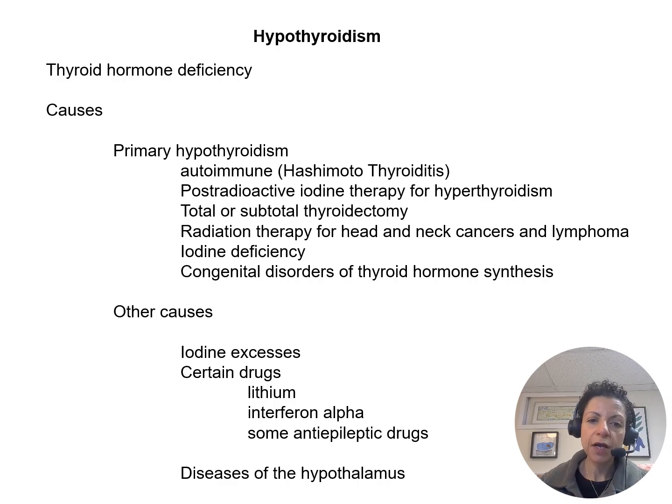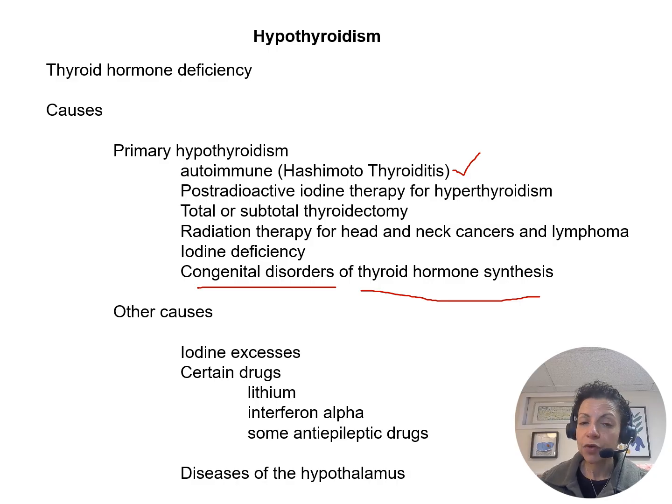So primary hypothyroidism, the most common cause, is an autoimmune disorder called Hashimoto's thyroiditis. That's the most common cause of primary hypothyroidism. But we also see sometimes congenital disorders that affect thyroid hormone synthesis.